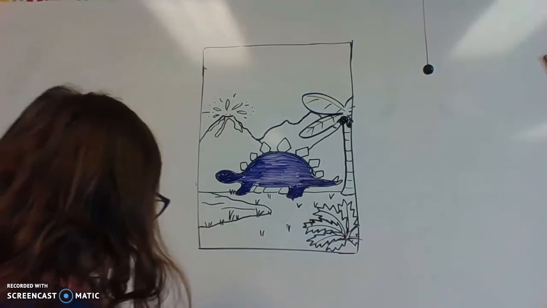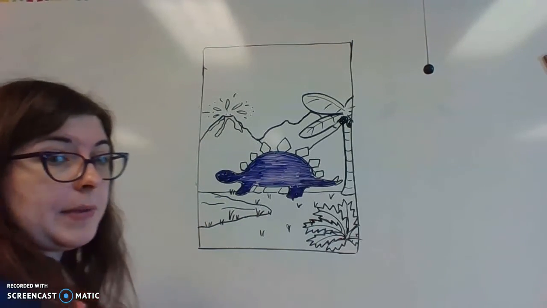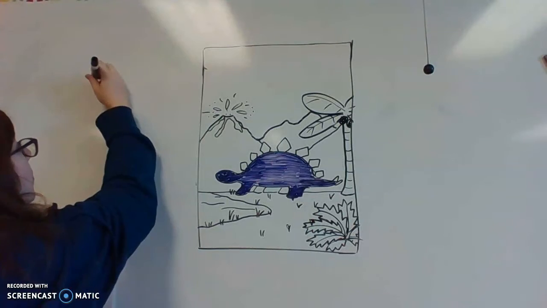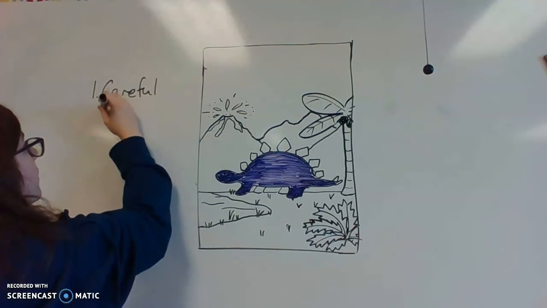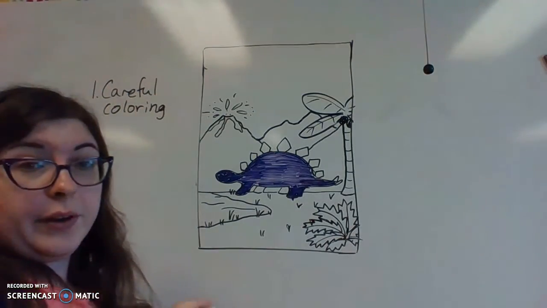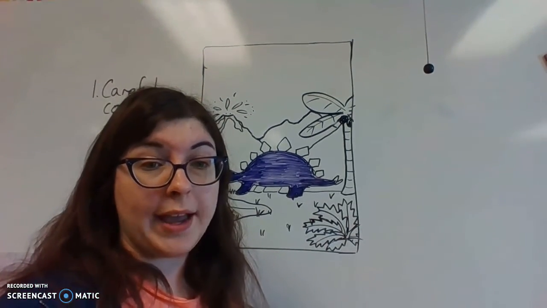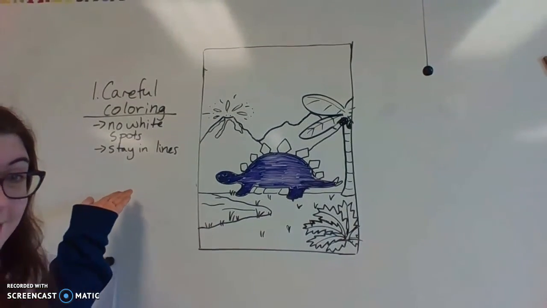So I'm going to write these suggestions on the board so that you can pause and look at them as you're coloring. Number 1, careful coloring. Careful coloring means no white spots, and you're going to stay in your line. Ta-da!